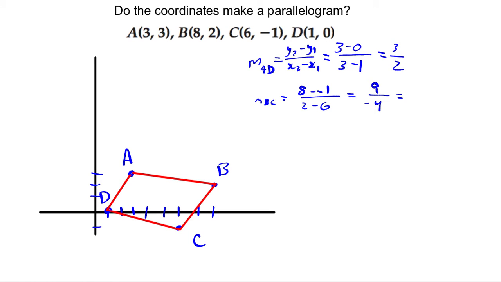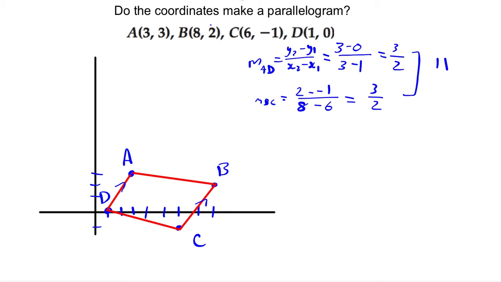I'm sorry, I made a mistake. The y's, I need to subtract the y's. So BC is going to be 2 minus a negative 1 over 8 minus 6. So this is going to be 3 over 2. Hey, all right. So these two sides are parallel.